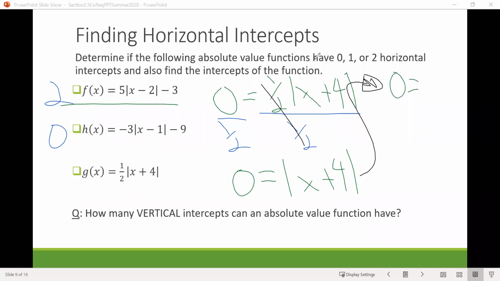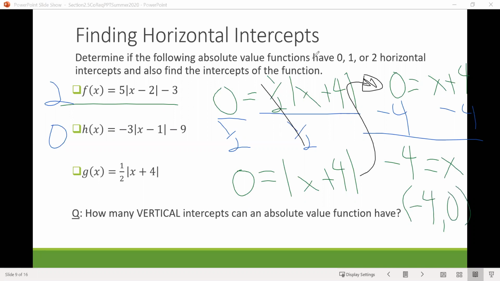So if 0 equals x plus 4, and we subtract 4 from both sides to solve this, we'll end up with x equals -4, which again as a coordinate point would be (-4, 0). Okay. So notice in this case, we ended up with just one horizontal intercept. Okay, so we saw examples of all the 3 different possibilities.